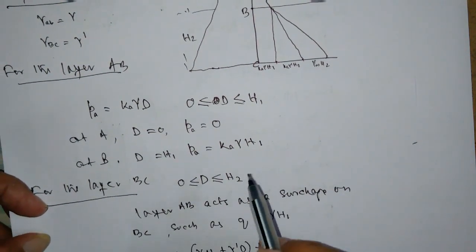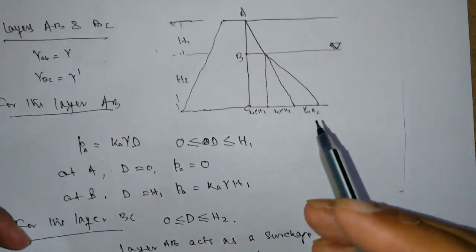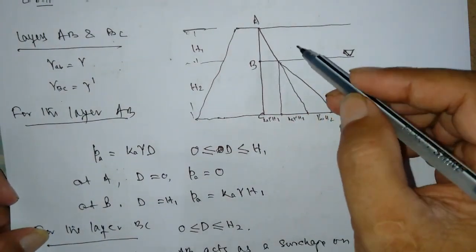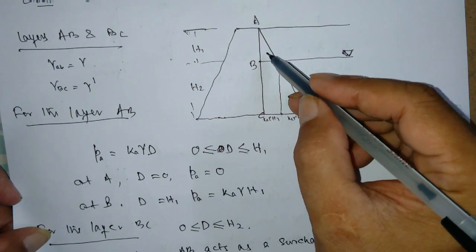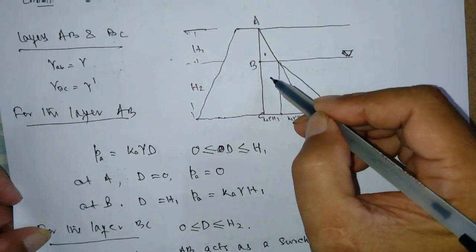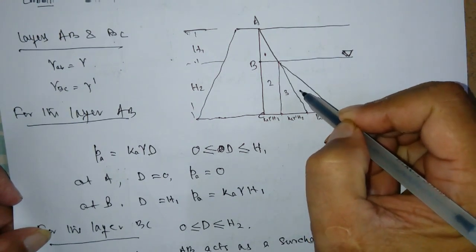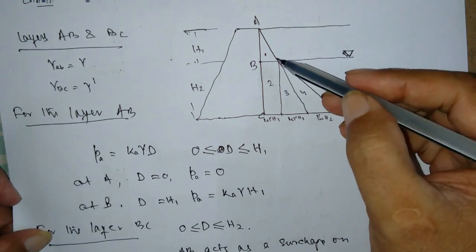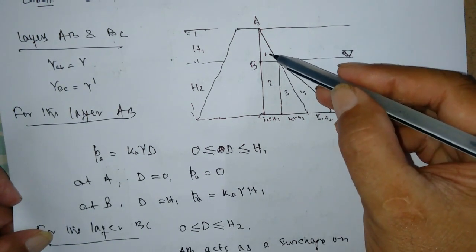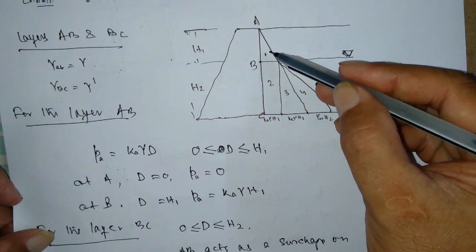Now to find the total thrust, we read this diagram as consisting of a number of figures, 1, 2, 3, 4, and the area of each diagram represents the thrust for that particular diagram.